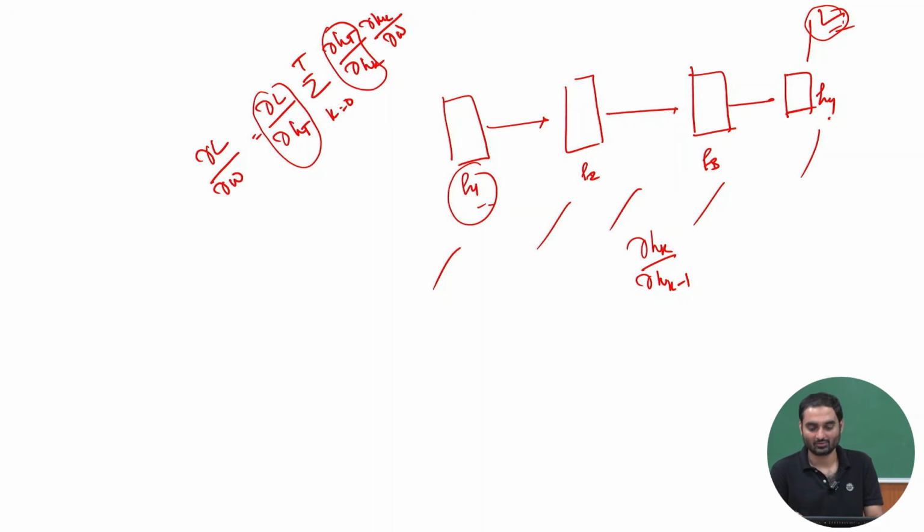Now, you are taking a derivative of a vector with respect to another vector, so it will produce a matrix, right? I'll tell you what the value of a matrix means.